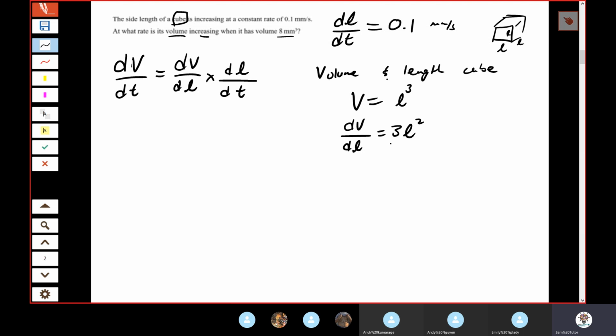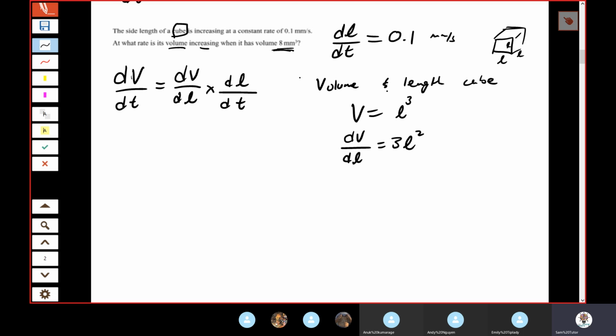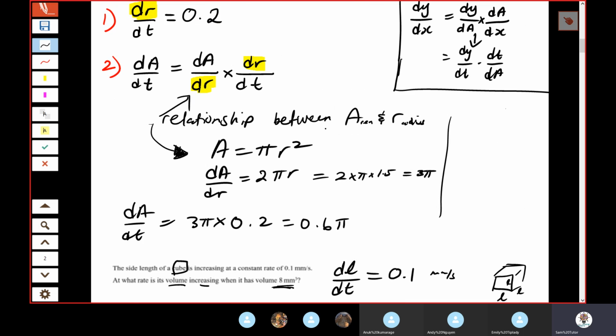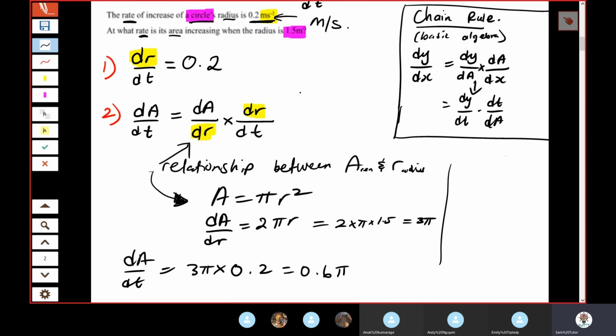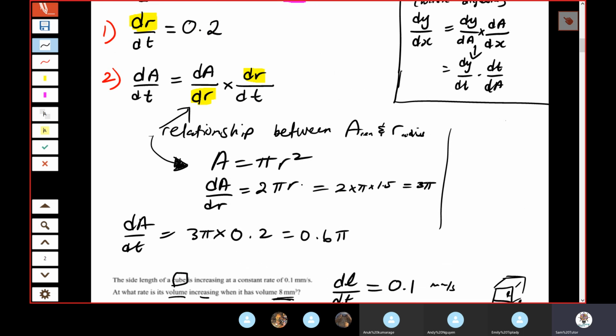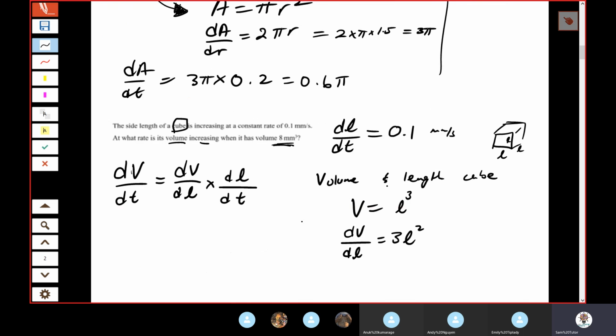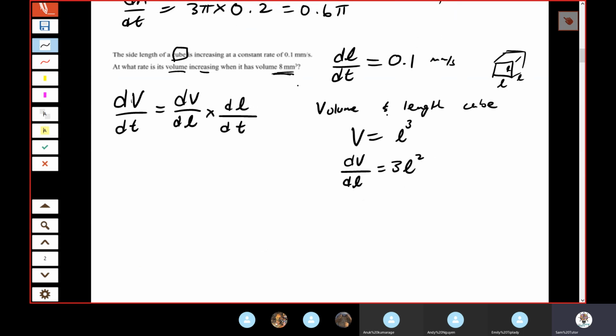That's fine. The only problem is it's saying that you have to find it when the volume is 8. Now the other question was easy because it said the radius is 1.5, so we just subbed in 1.5. This one says the volume is 8, so I can't just sub it into here. Obviously, you would sub it into V equals L cubed to find L when volume is 8.